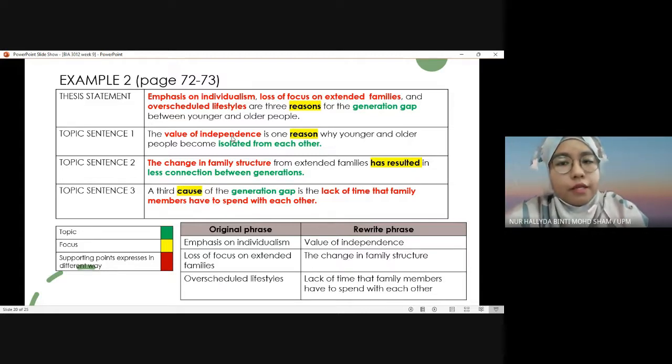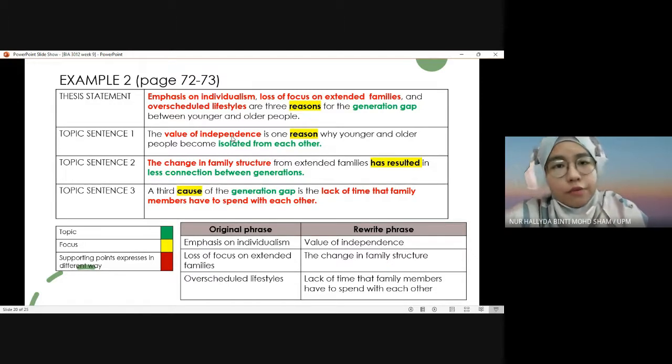That causes a bigger generation gap, because the kids leave home very soon, right after 18, and they don't want to rely on their parents anymore.